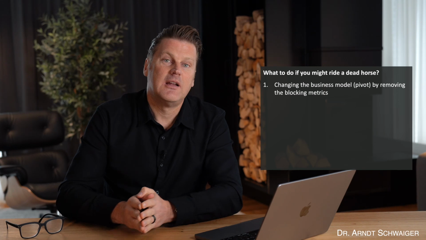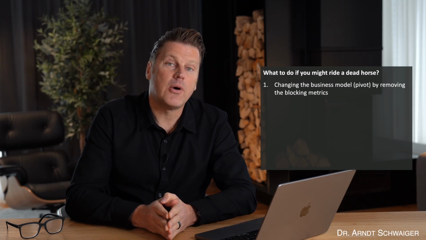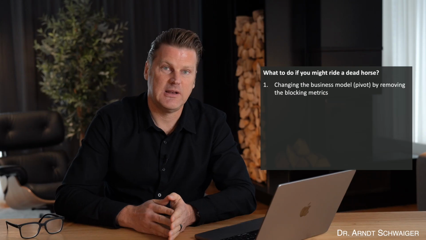The first one is you check your business model DNA and try to figure out what metrics are the main reason why this is a dead horse. So remember, in the previous chapters we talked about blocking metrics. Those are metrics which are blocking you from achieving lower customer acquisition costs and higher lifetime values.